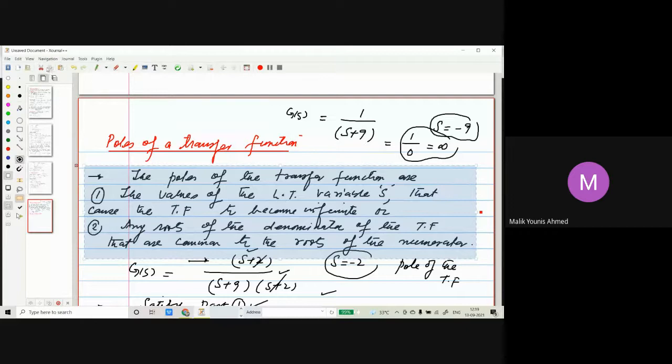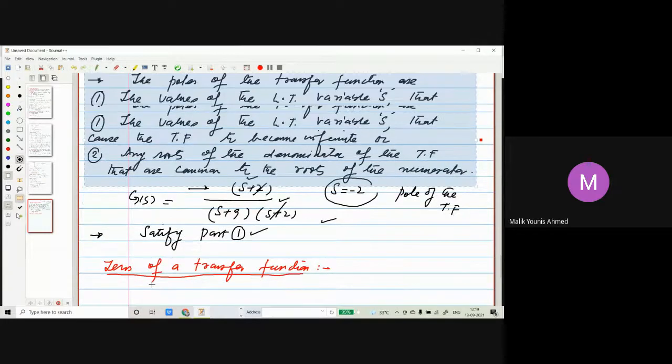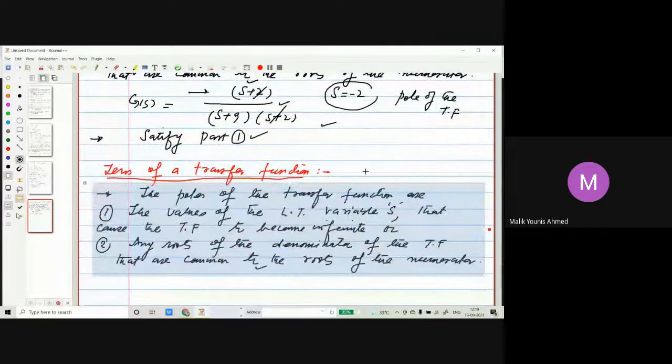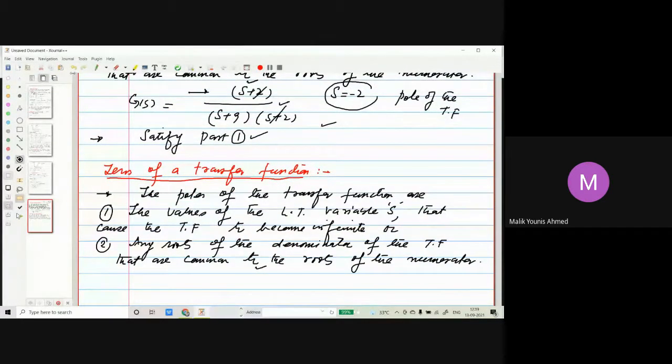Okay, let's copy, and this is paste. So the poles of the transfer function are values of the Laplace transform variable s; not poles here, we will be using zeros here.